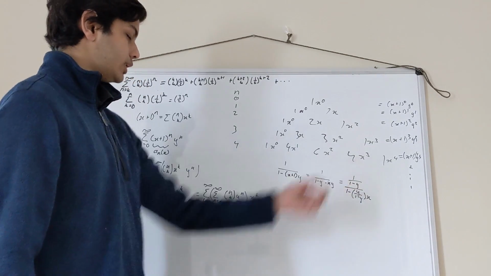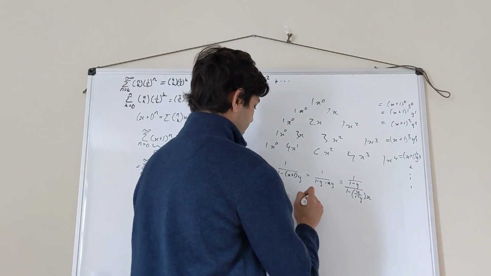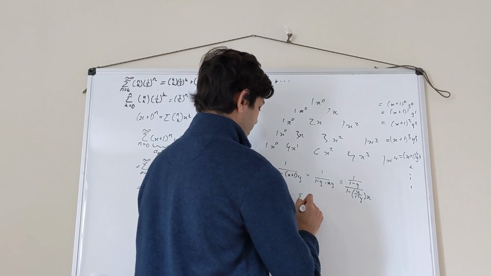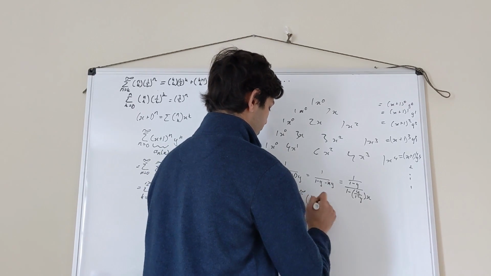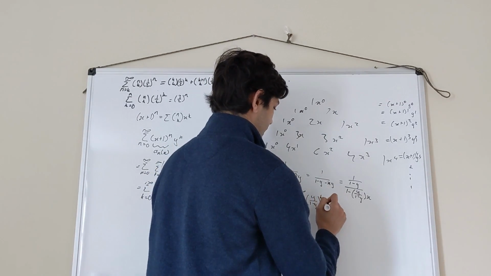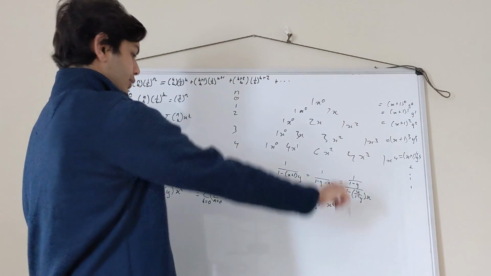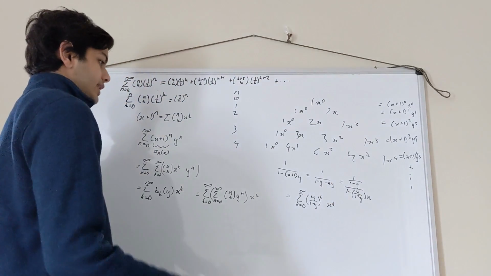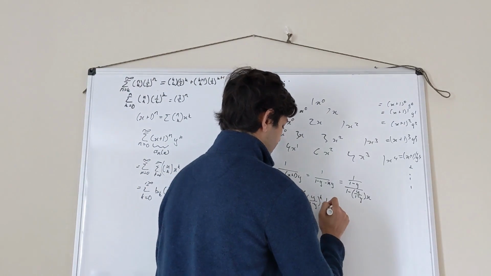And so now if we ignore the numerator and say that this is like 1, then this would be the sum from k equals 0 to infinity of (y over 1 minus y) to the power of k times x to the k. But then because we also need to keep track of this 1 over 1 minus y, we can just throw that in at the end, so that'll be times 1 over 1 minus y.